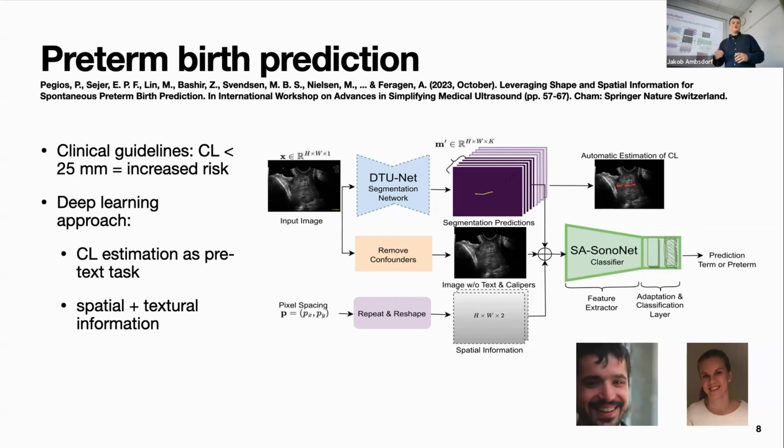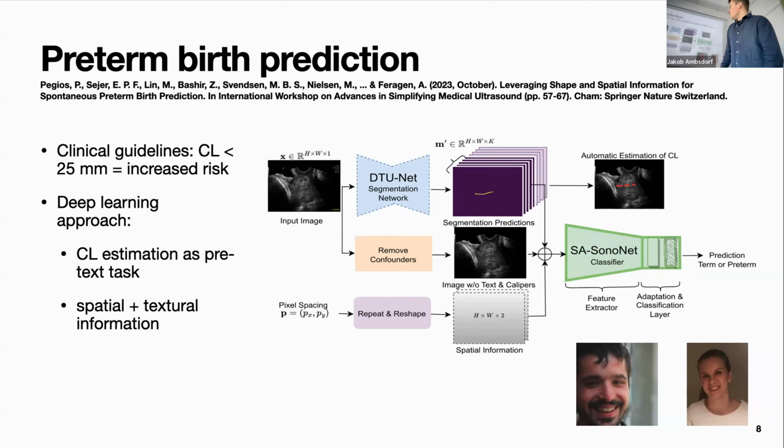And that works relatively well, but you can imagine that you can improve quite a bit on this. And it's very important because this is one of the key factors actually causing neonatal mortality. What you can do is also take in other information like the segmentation, some textual information from the area around the birth canal, and then also some spatial information about how much things are spaced apart, how much we are zoomed in.